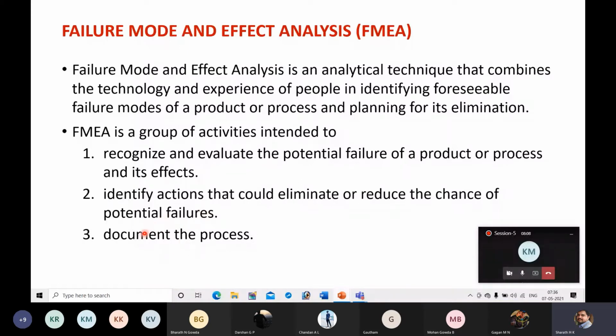So what are the possible ways in which you can avoid occurrence of a particular mode of failure? All these are possible only when you document these steps. That is recognition, evaluation, then identifying actions. If these are documented, you can make use of this data if the same modes of failure repeat. You can make use of the data for analysis.